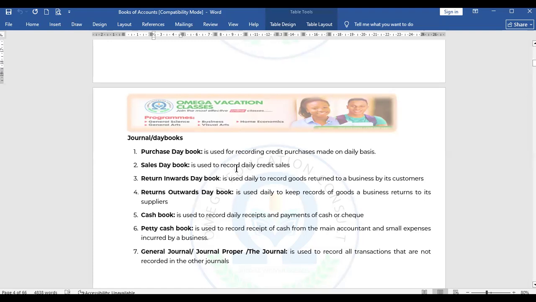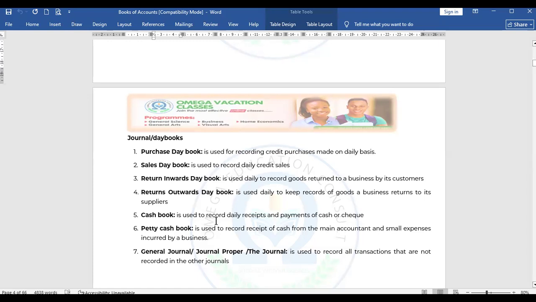The sales day book is used to record credit sales on a daily basis. The purchase day book is used to record credit purchases on a daily basis. The return inwards is used to record goods returned to the business by its customers, while the return outwards is used to record goods returned to suppliers by the business, right?